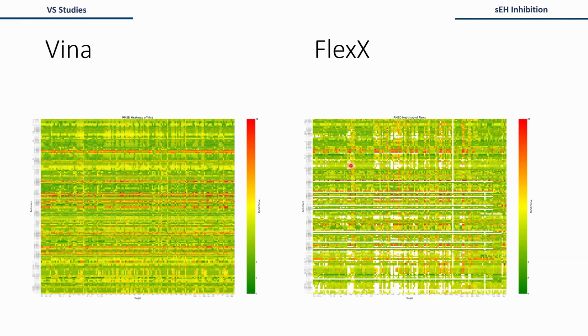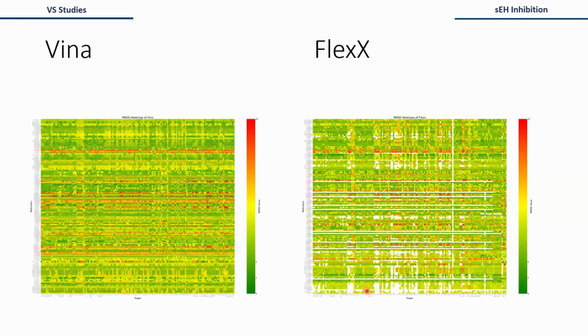And also with FlexX, we were able to achieve very good results, as you can see in the green data points, with green RMSD. But there was only one issue, and it was related with either docking related or RMSD calculation related issues. We weren't able to fill all the data points here, and these are shown as white.